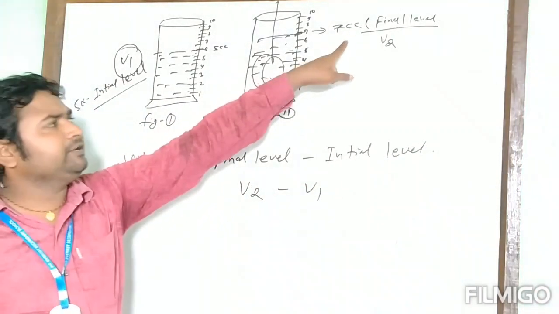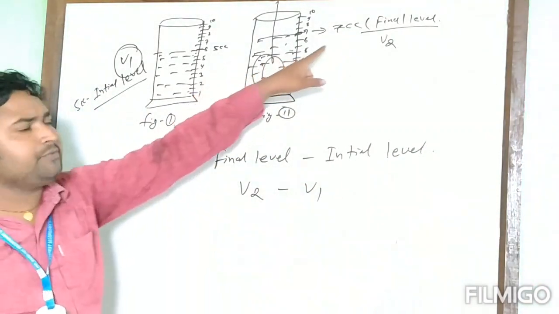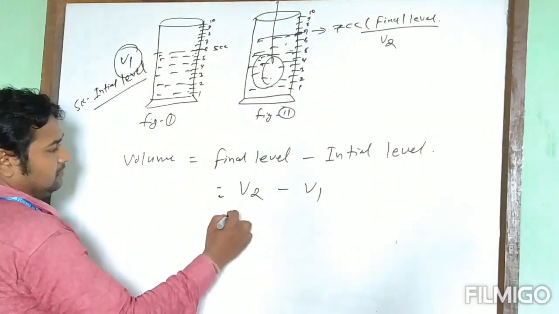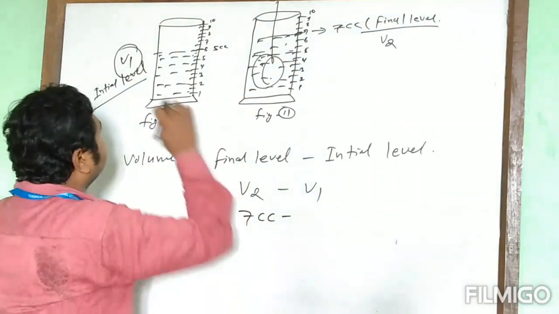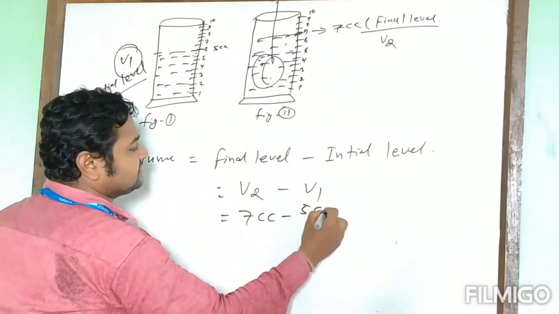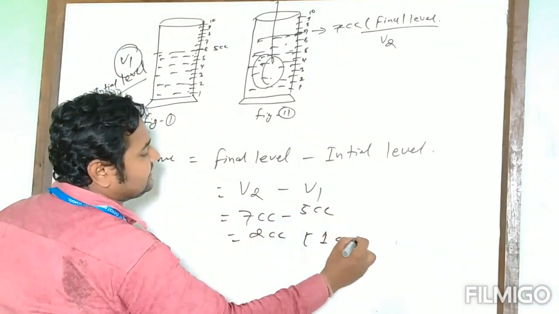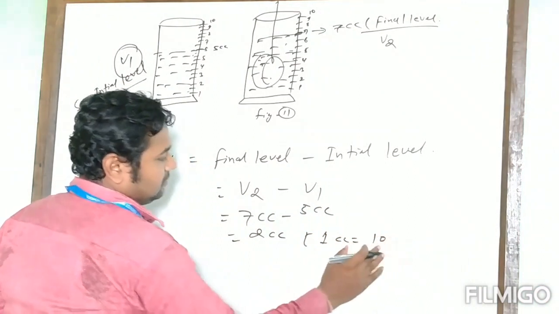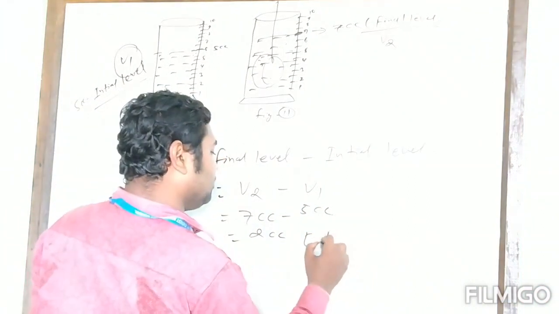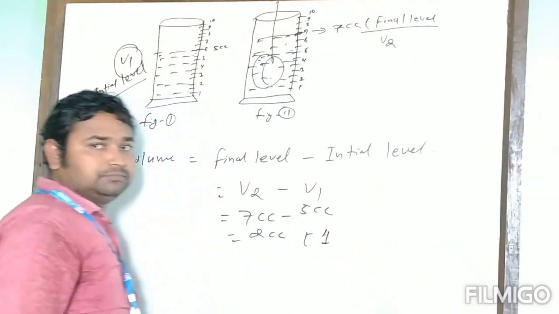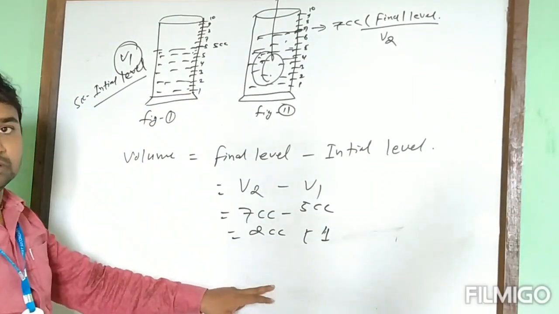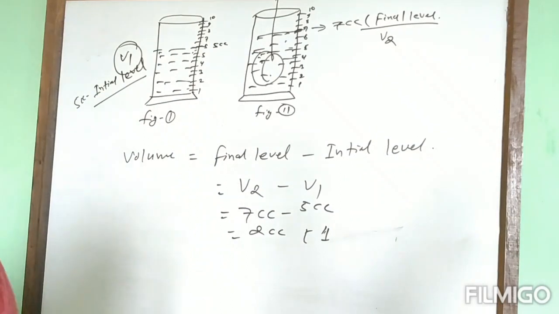What is our V2? 7 cc minus 5 cc, then 2 cc. It means 1 cc is equal to how much? 1 centimeter cube.